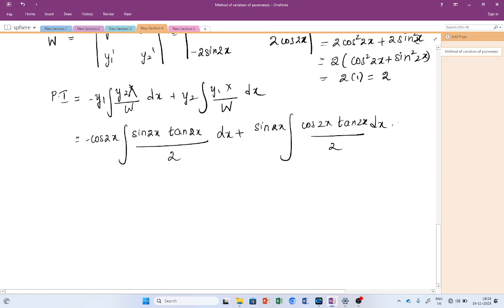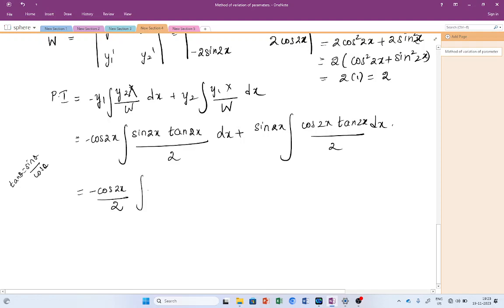Okay, so now I know tan theta is equal to sin theta by cos theta. So tan 2x I can write as sin 2x by cos 2x. So this is minus cos 2x. This 2 I'm taking outside.